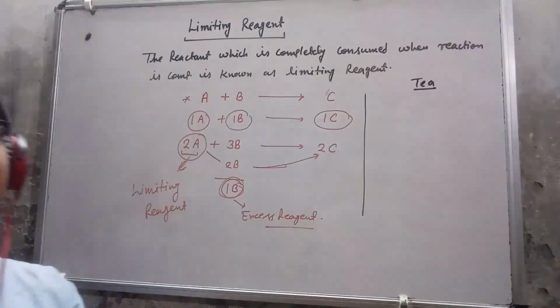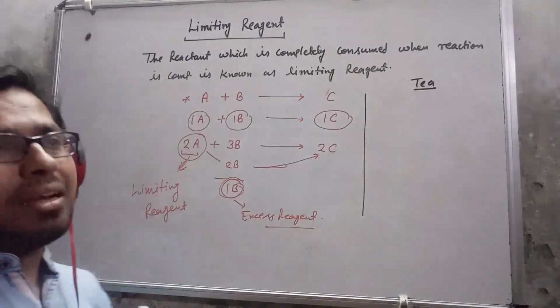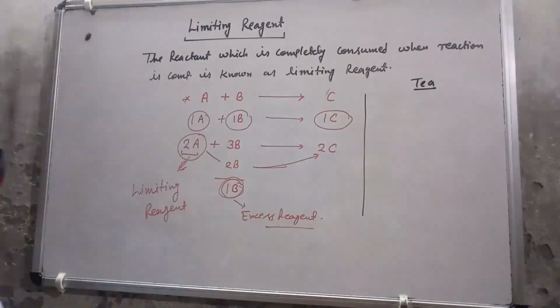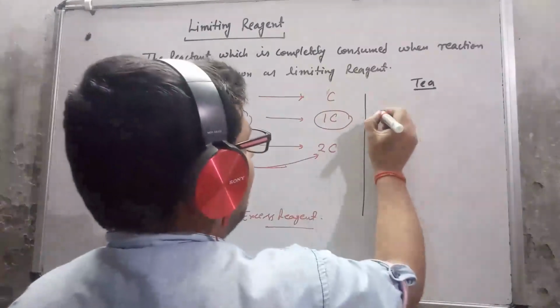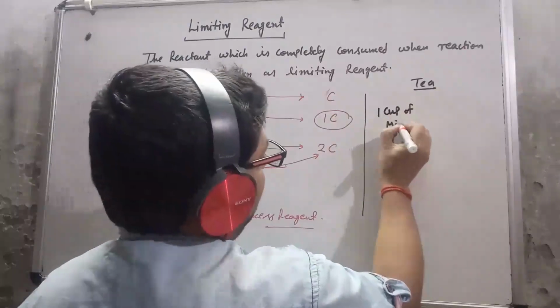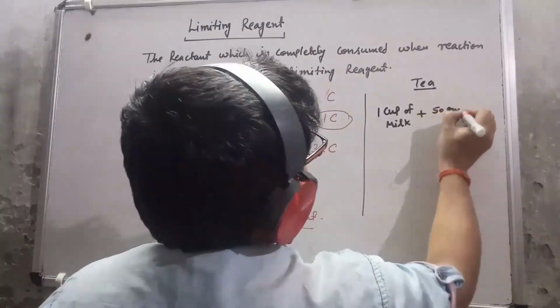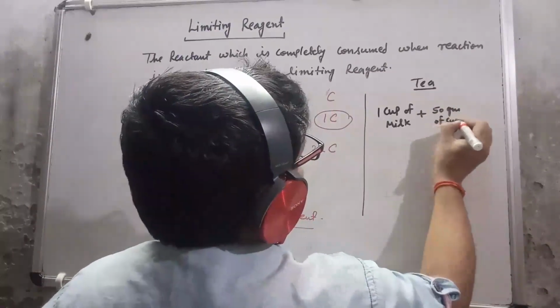She says if anyone comes, you can make tea and give it. And she tells him the recipe, how to make the tea. She says, take 1 cup of milk and add 50 gram of sugar.